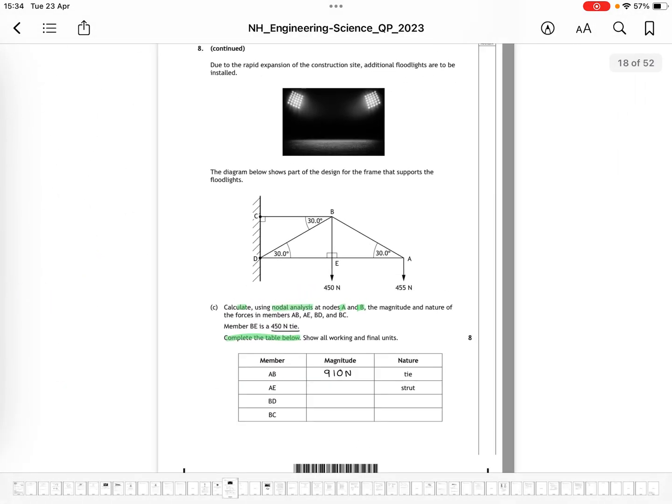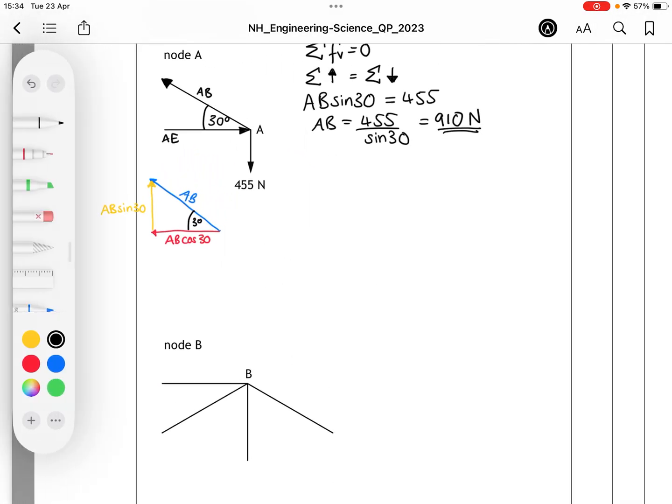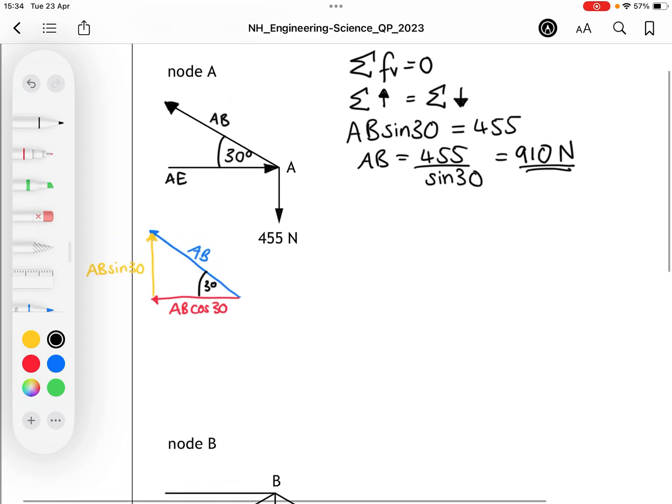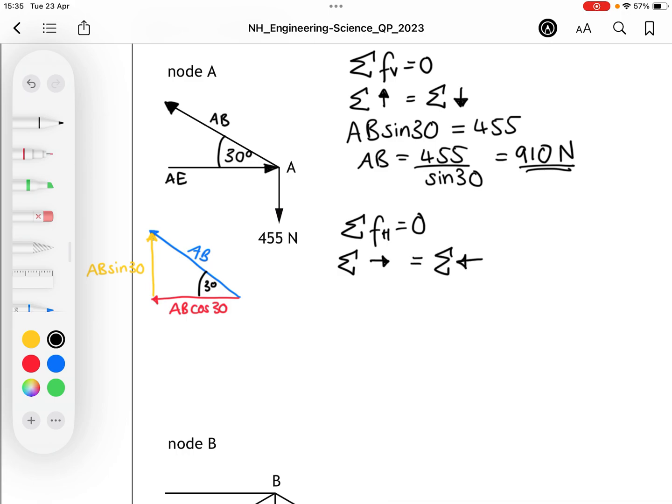Going back then over, I'm going to resolve horizontally now to get AE. So my sum of horizontal forces has to be equal to 0. That means my sum of forces going to the right have to be equal to my sum of forces going to the left. Going to the right, I've got AE, and going to the left, I've got my horizontal component of AB, which is AB cos 30.